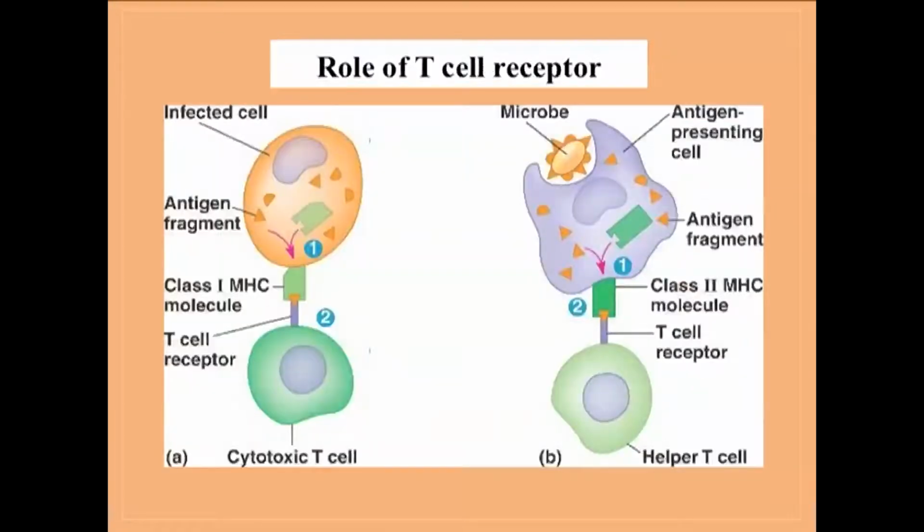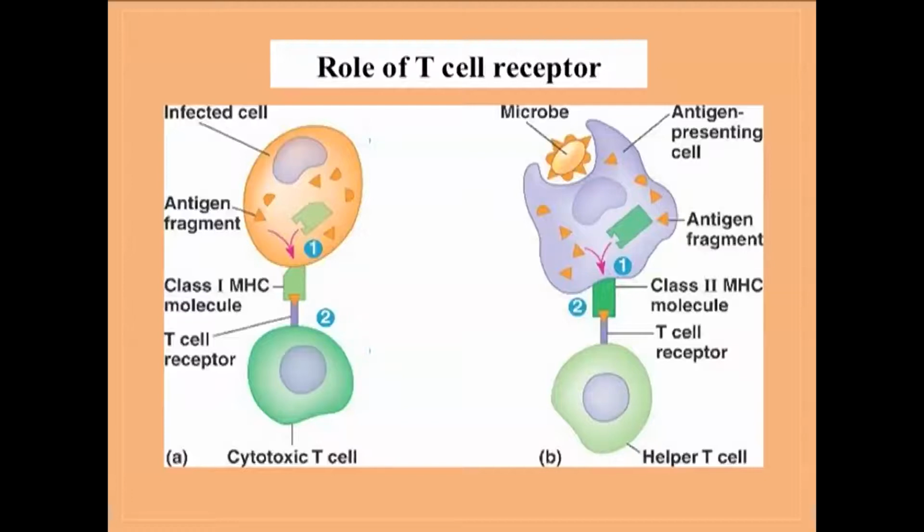Now, all nucleated cells of our body express an MHC molecule, major histocompatibility complex class 1, and 3 cells of our immune system, B lymphocytes, dendritic cells and macrophages, express a second type of MHC molecule called MHC class 2.